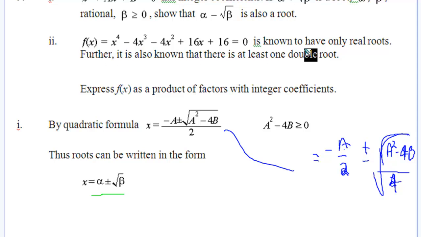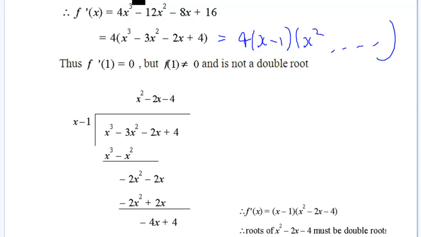In the second part here, we have this situation where it's known to have only real roots, and further it's known to have at least one double root. Express the polynomial as a product of factors with integer coefficients. If that's the case, then we know it's a double root, so the derivative gives us an expression there, which we can start to break down.